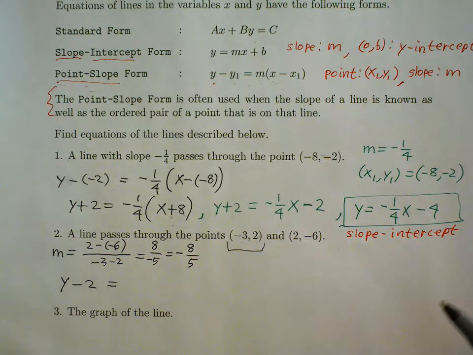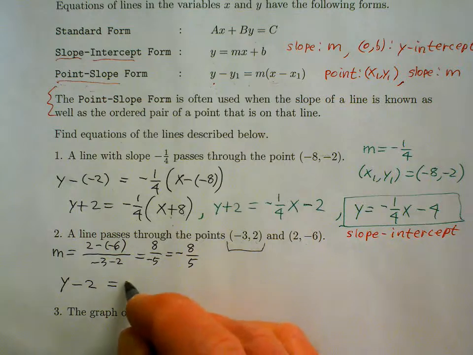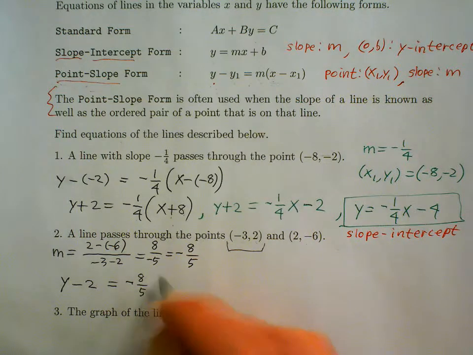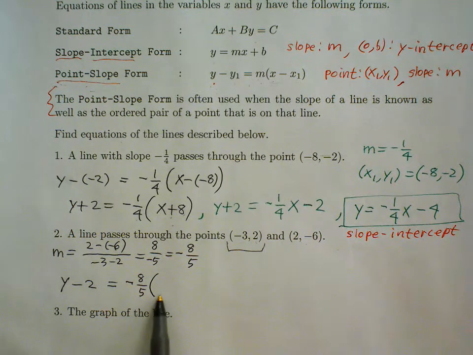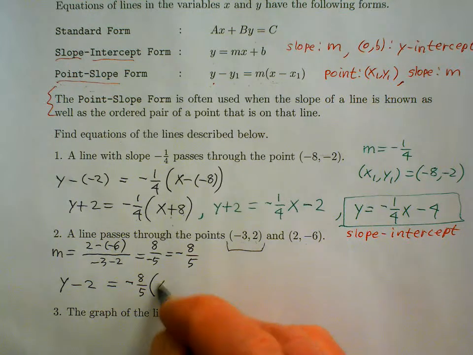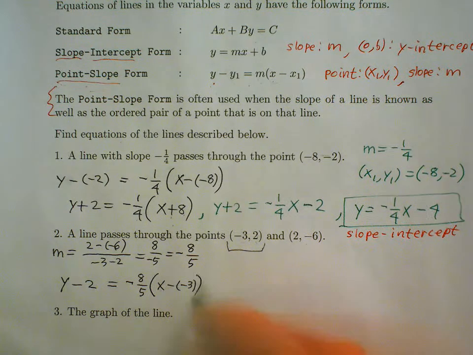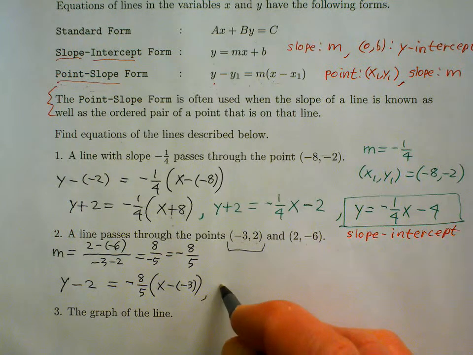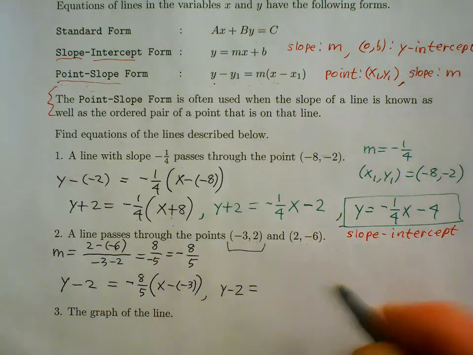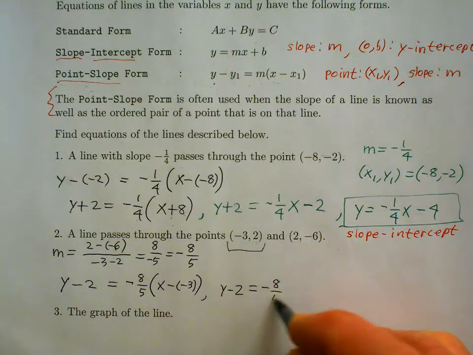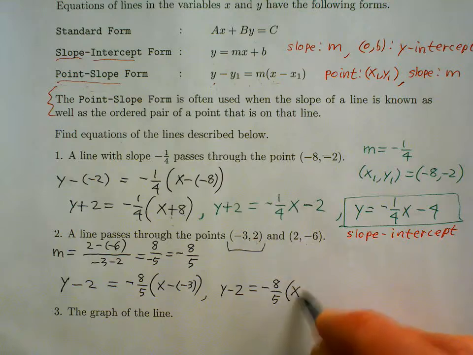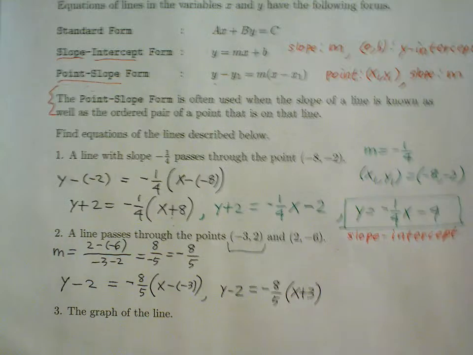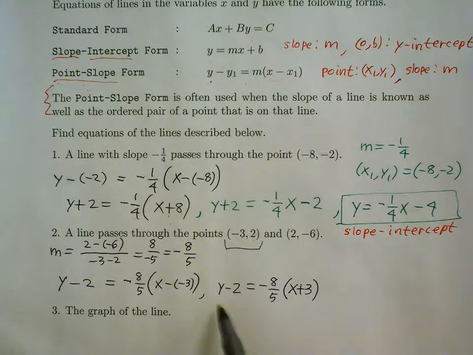And that's equal to the slope -8/5 times, in parentheses, x minus -3. We should do a little bit more arithmetic and write this as y minus 2 equals -8/5 times the quantity x plus 3. We can leave this in point slope form.